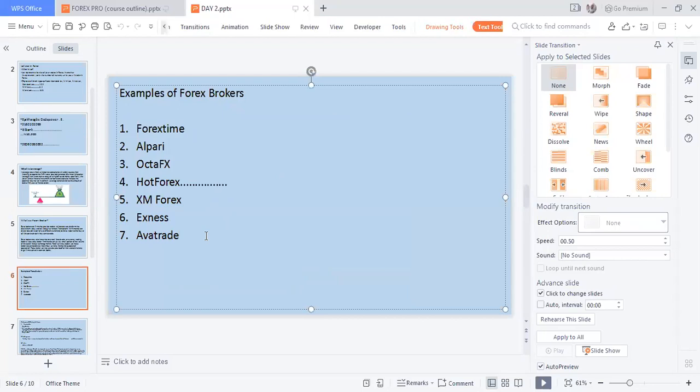We have Forex Time, we have Apparel, we have Oxide FX, we have Forex, we have Xness, we have Avatrade. Number 8, we have InstaFX. Number 9, we have FXTM.